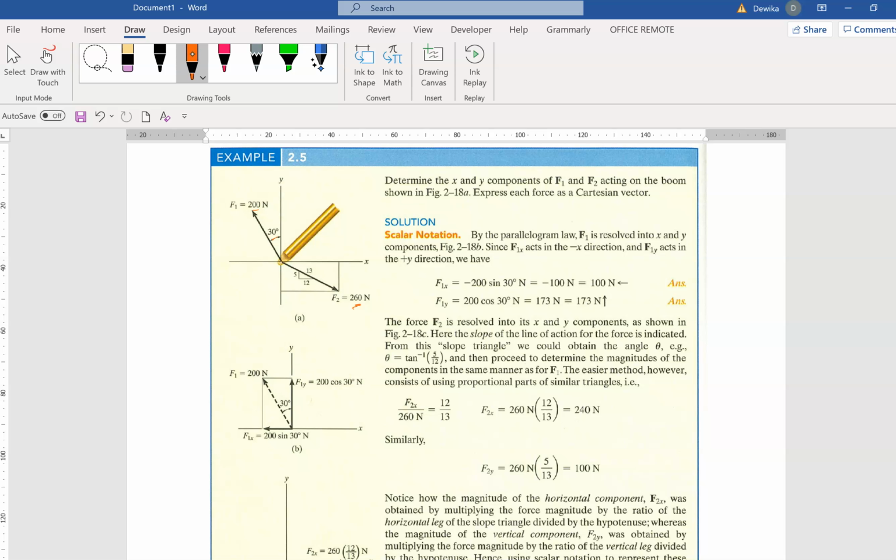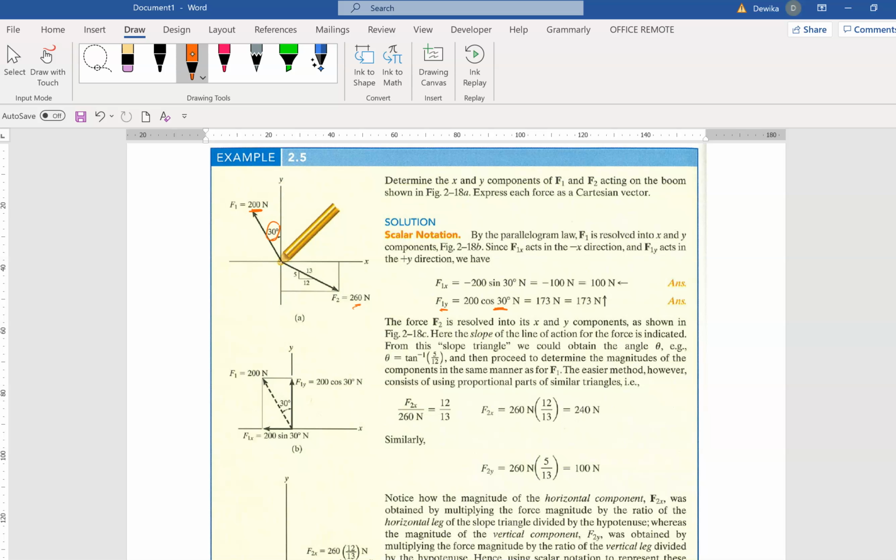So let's look at F1. We're going to break it up into x and y axis. For F1, you close your armpit. Can you see the angle here, 30? So Fy will be cos. Just imagine your hand with an angle between your hand and your body. If you close it, it's like cos.